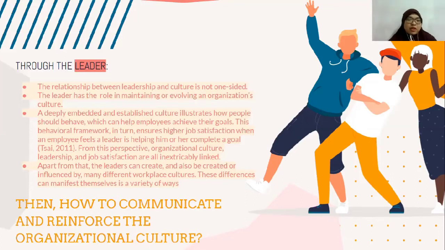From this perspective, organizational culture, leadership, and job satisfaction are all linked. Not only can the leaders influence others, the leaders can also be influenced by the employees. So this is through the leader and also through the worker. They need to work together based on what the leader has taught or shown, so that they will achieve their objective.